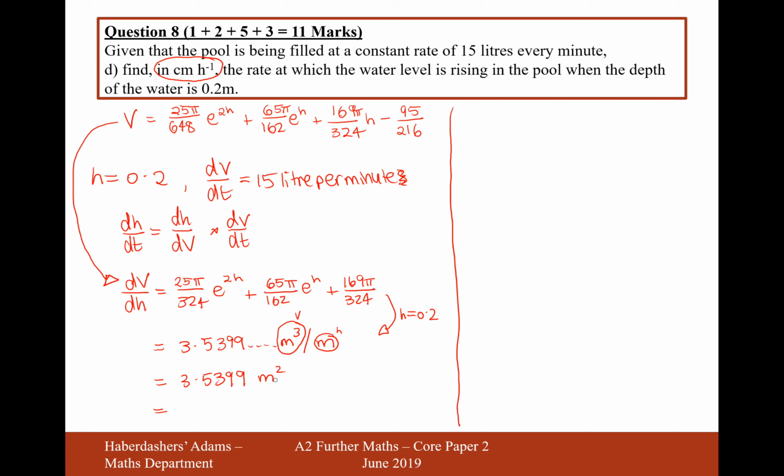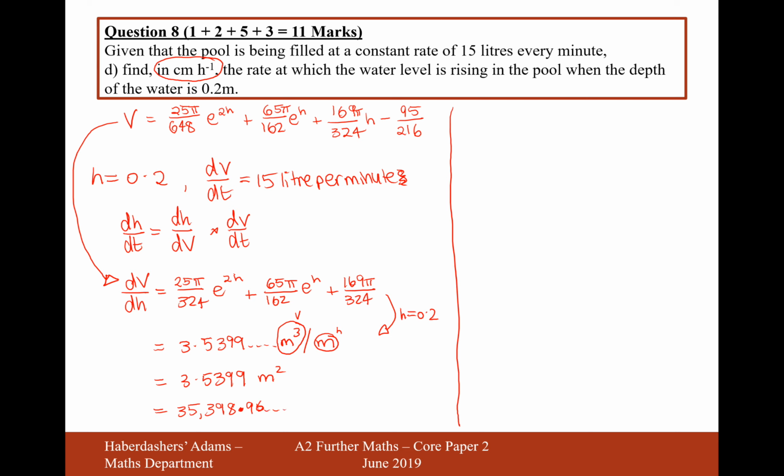So how do we change a meter into centimetres? Well, it's 100 centimetres in a meter, so there must be 100 times another 100 because it's meters squared. So we're going to have to times that by 10,000, and we're going to get 35,398.96 dot dot dot.